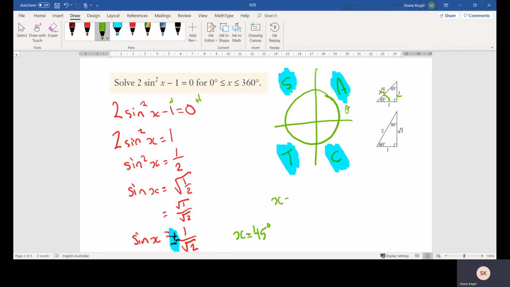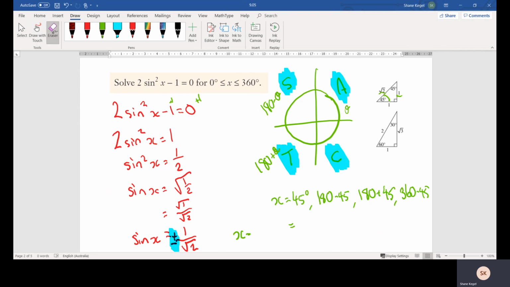So x equals 45 in that quadrant. In the second quadrant, it's 180 take my theta, so it'd be 180 take 45 degrees. In the third quadrant, 180 plus, so I'd have 180 plus 45. And the last one is 360 take 45. So I've got 4 options for this question here.